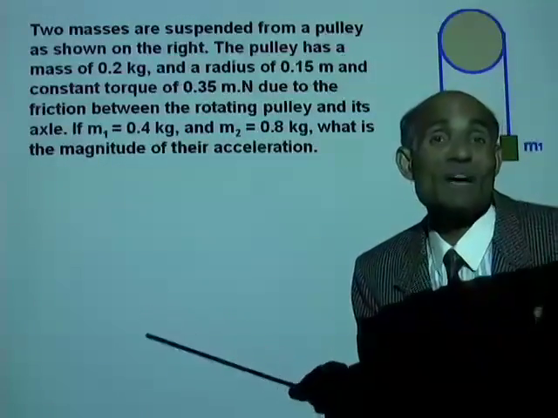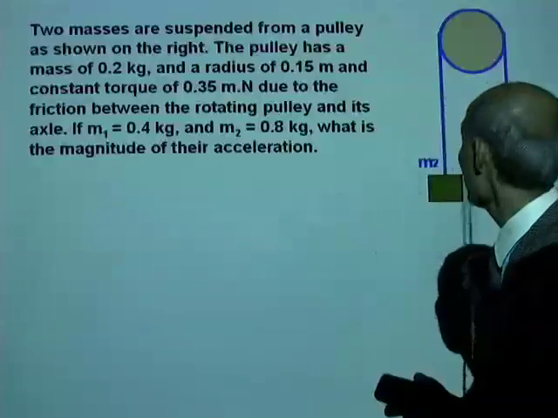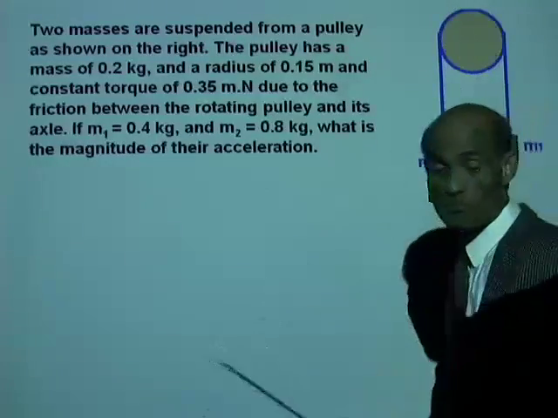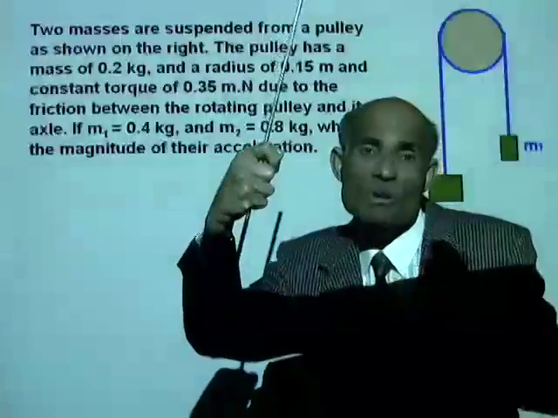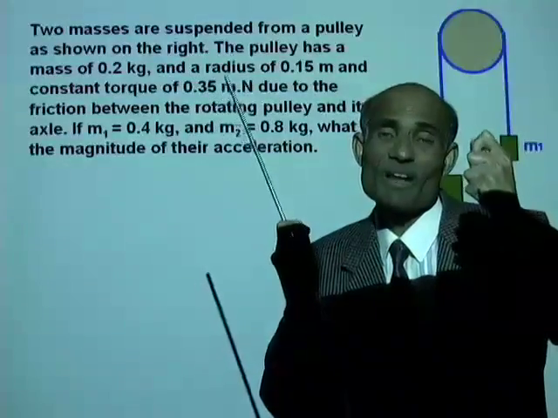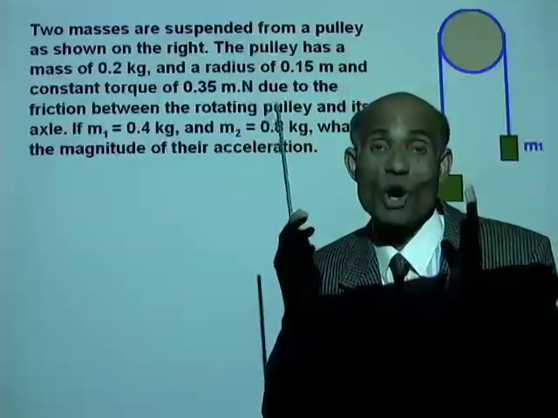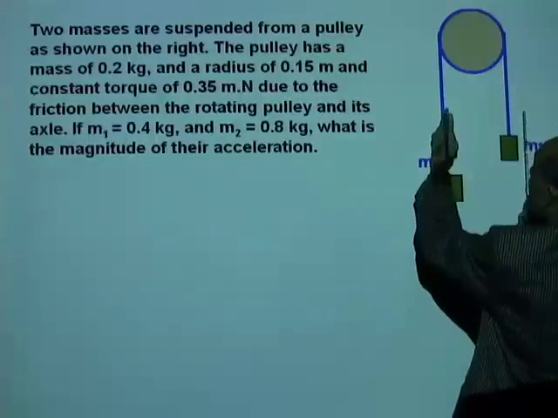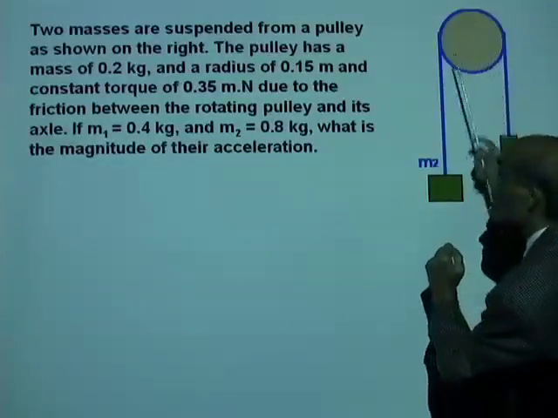So we can use F net equal to MA for these. But when it comes to the pulley, it has a rotational motion. Now, what is the net torque on the pulley? There will be a torque, an external torque, and then there is a frictional torque.